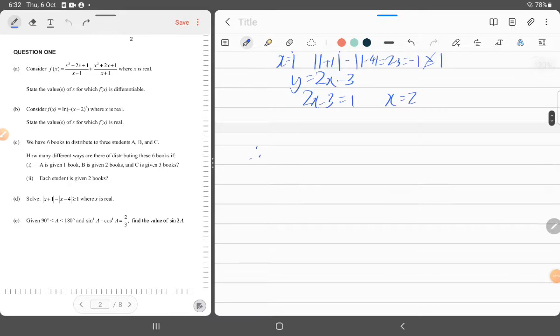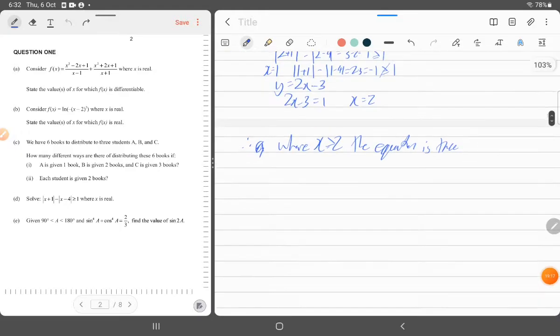Therefore, where x is greater than 2, the equation is true.